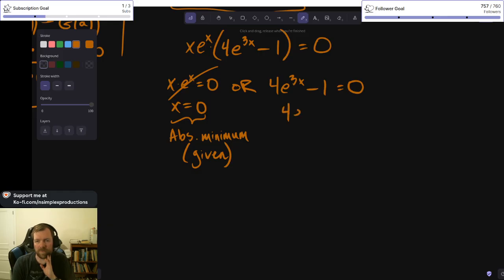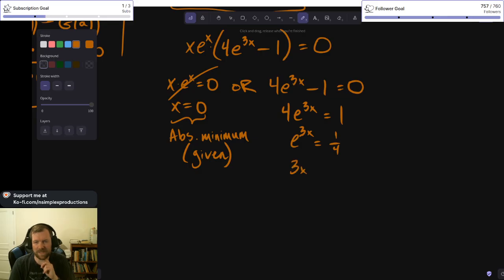Over here, we've got 4 e to the 3x is equal to 1. E to the 3x is equal to 1/4. I feel like this is incorrect. Must have screwed up somewhere. Take the natural log of both sides.